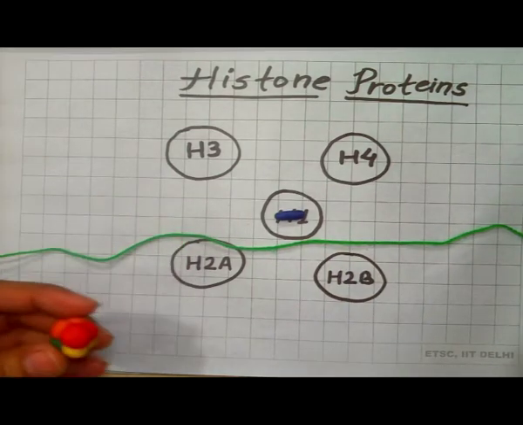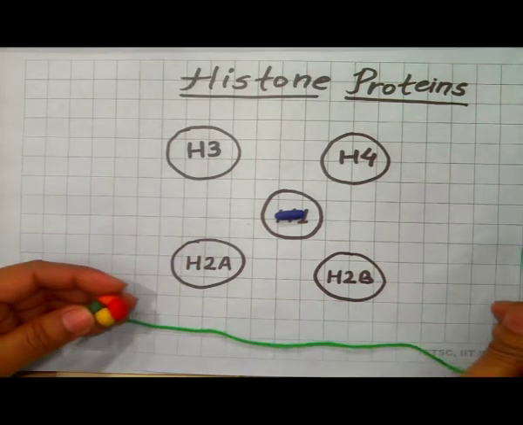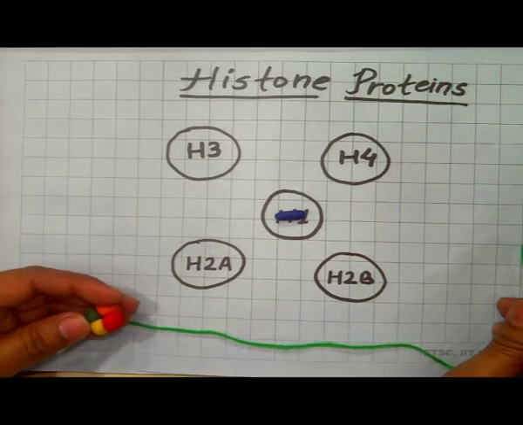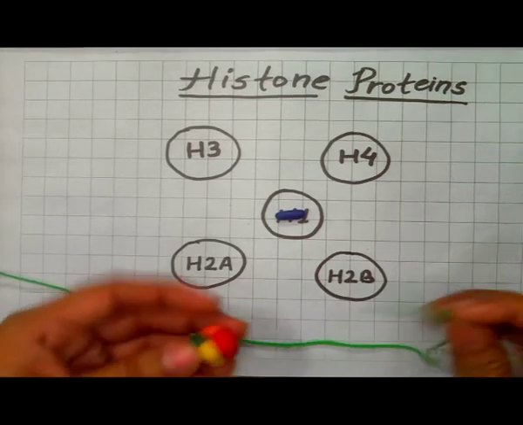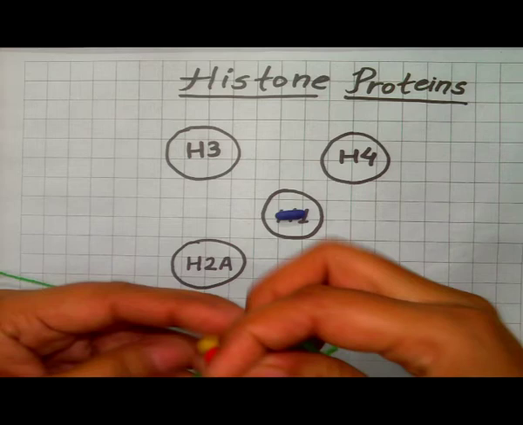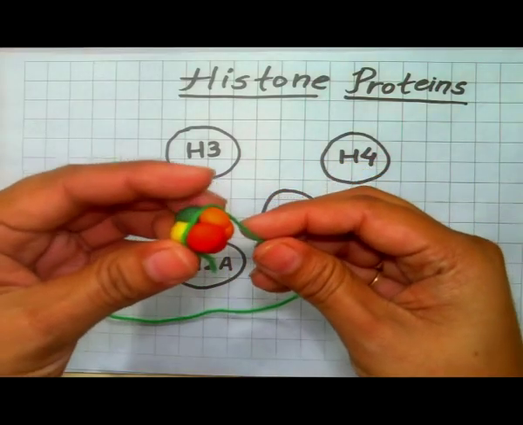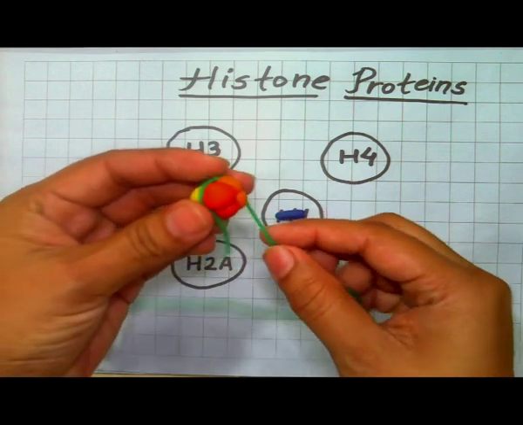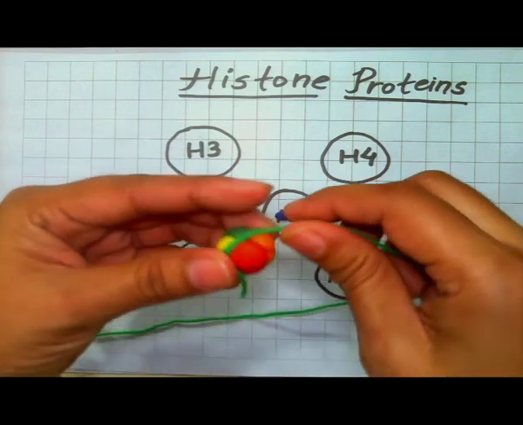Now, let us see how the DNA gets wrapped over the nucleosome, the histone octamer. This is the way a DNA gets wrapped over the histone octamer. One complete turn, 1.75 turns is there.